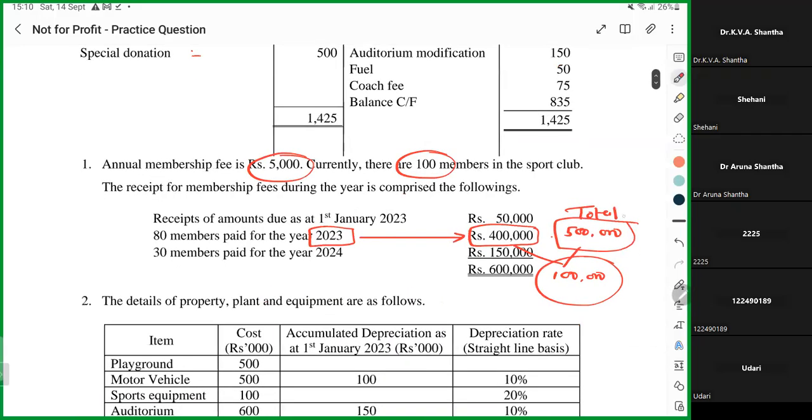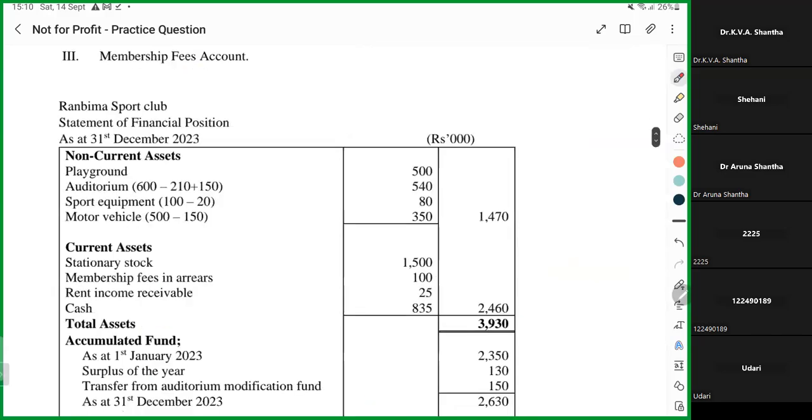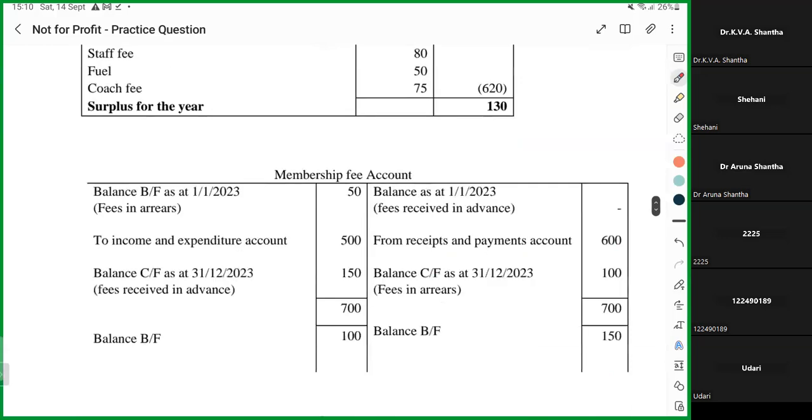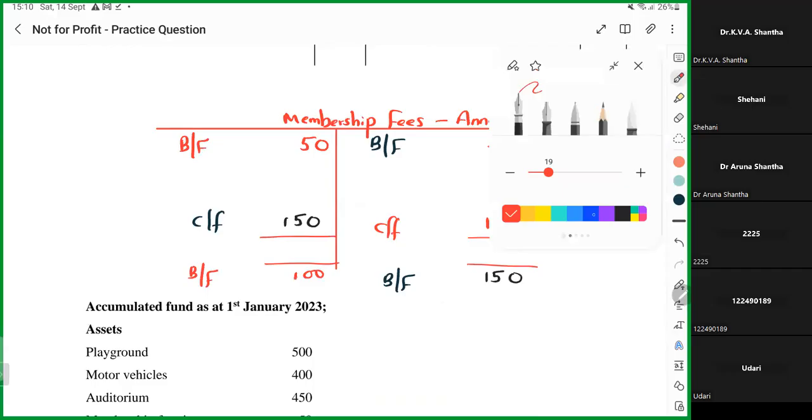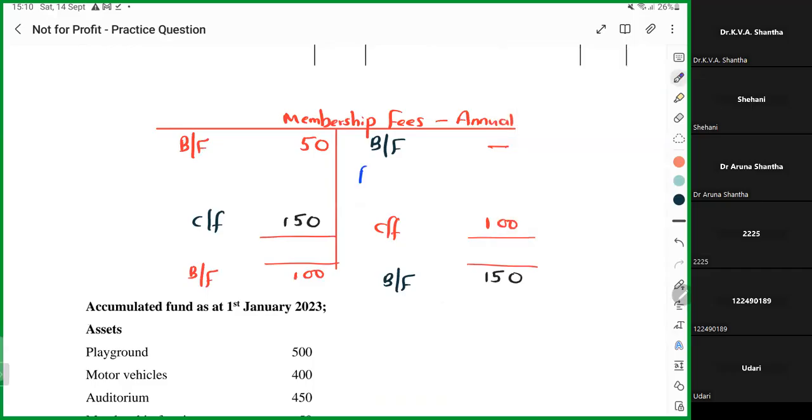Total for the year 500, that's your income. So membership fees received, receipts and payment account debit, membership fees account credit, from receipts and payment account, 600.